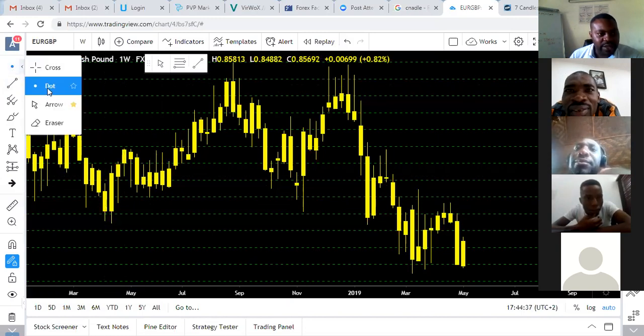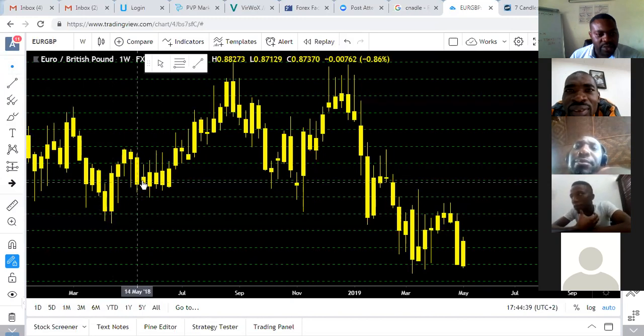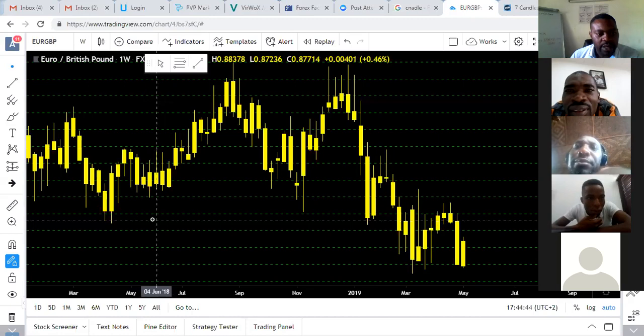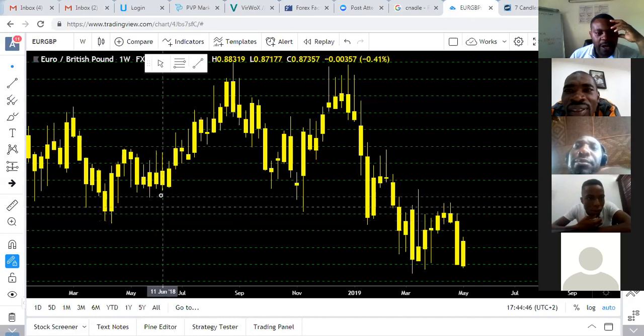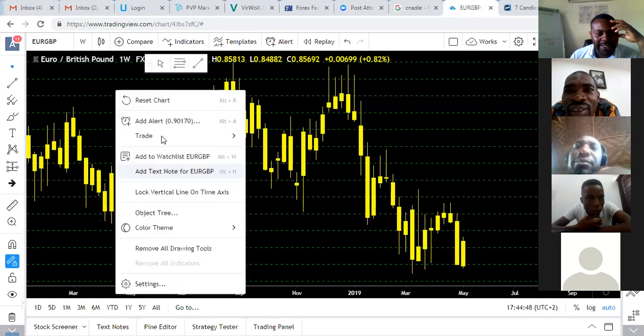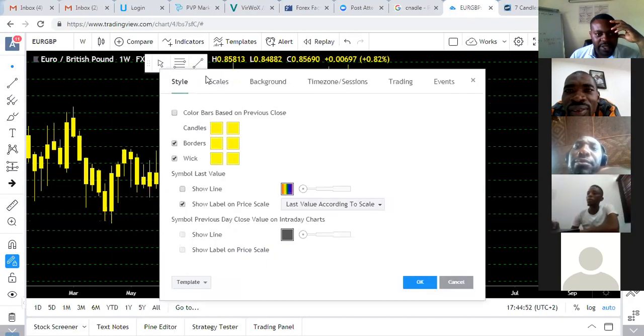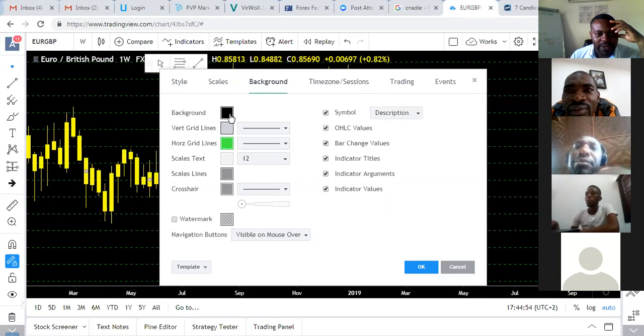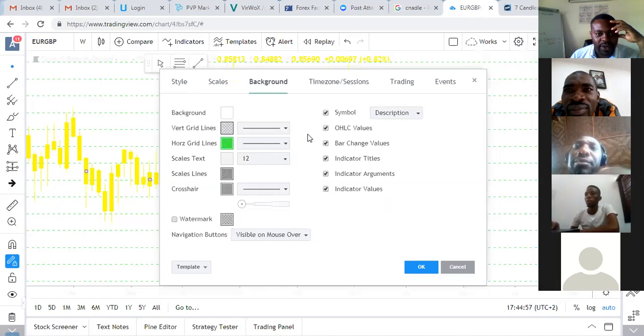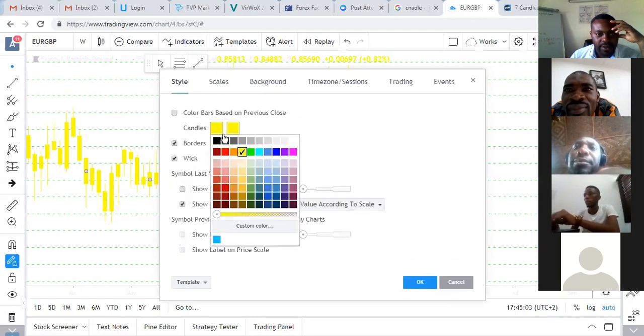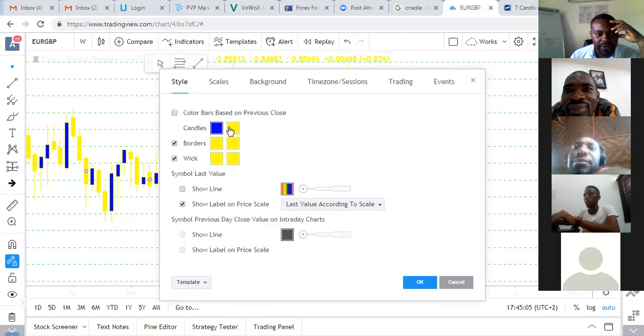From what I'm seeing, your cursor is also on your psychological line. Let me make the background white so that you will be able to see easier. Oh no, that one is worse. Okay, no problem. Let me choose another color for the candle so that you'll be able to see well.